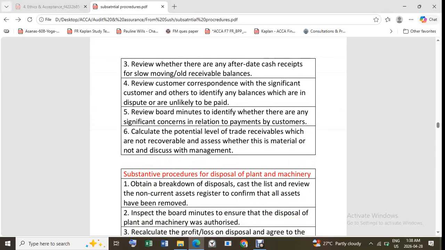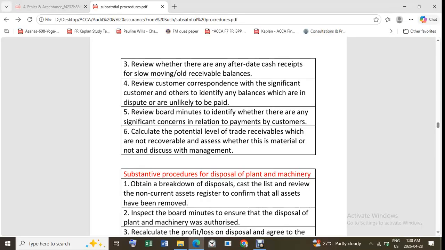Review whether there are any after-date cash receipts for slow-moving or old receivable balances. Okay, and then review correspondence with significant customers and solicitors to identify any balances which are in dispute or unlikely to be paid.